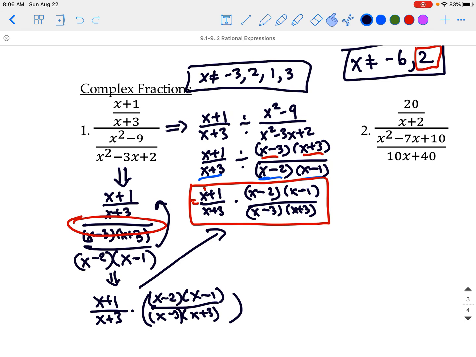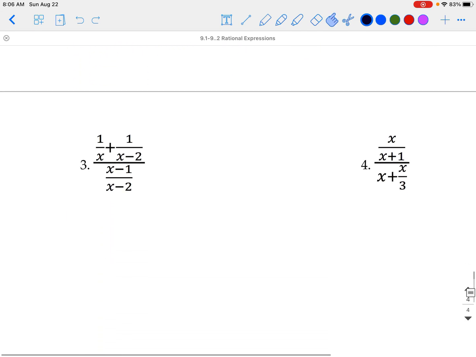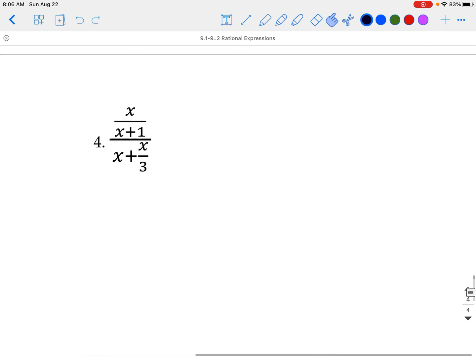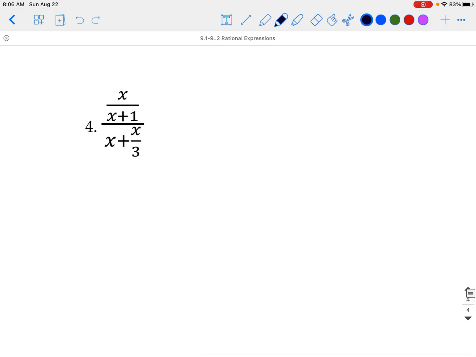All right, so you can try number 2 on your own. I think I will give number 4 a try here. So now we've got 2 expressions, and our denominator is kind of in a different form because we've got this 1/3 coefficient here. So what can be useful here to start is to find a common denominator if we have any terms that are not fully rational in how they're written.